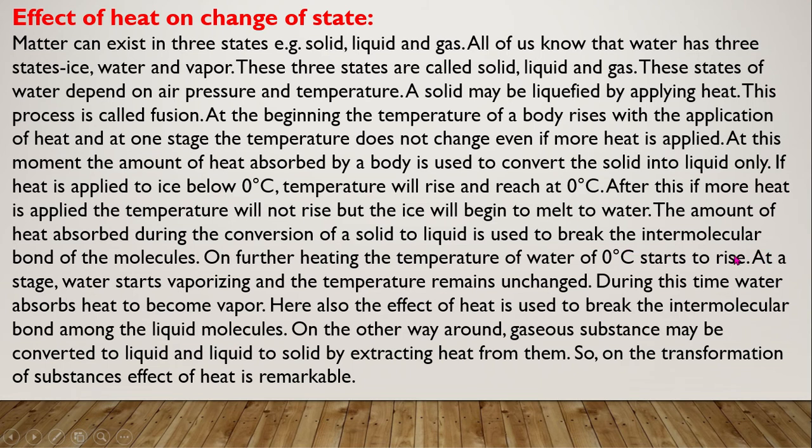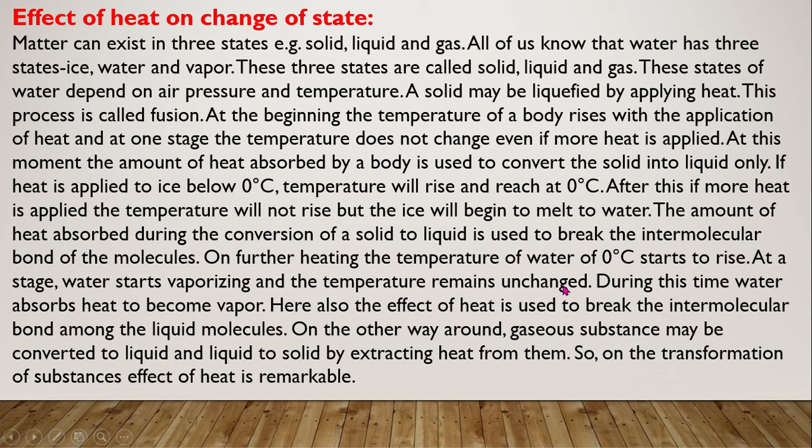Then when the water is at 0 degrees Celsius, the temperature starts to rise again. At a stage, water starts vaporizing and the temperature remains unchanged until the complete water is converted into vapor.